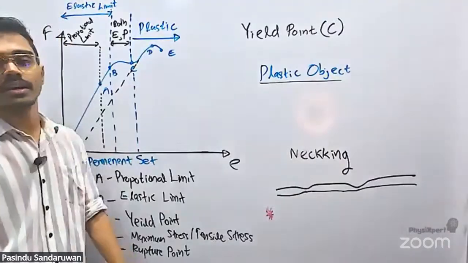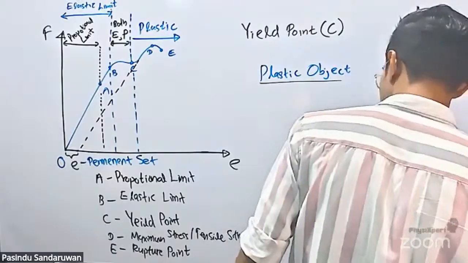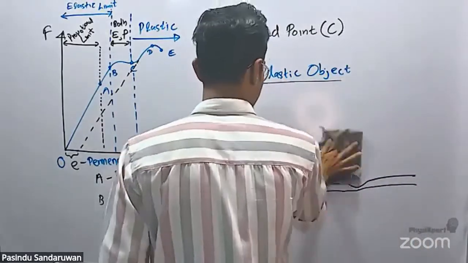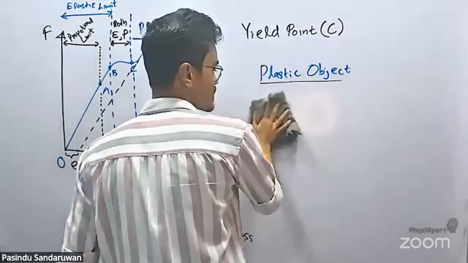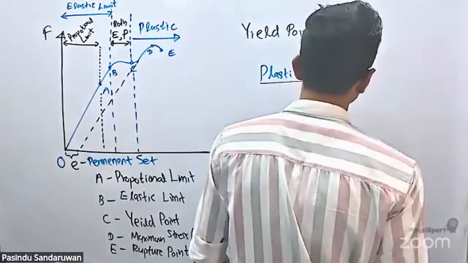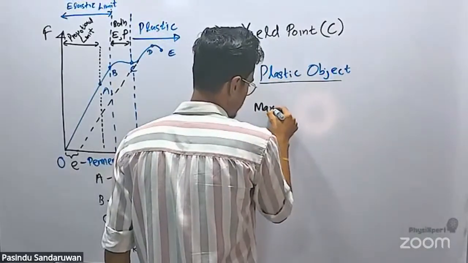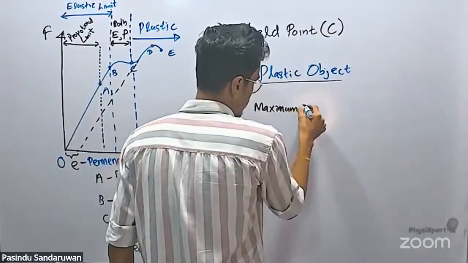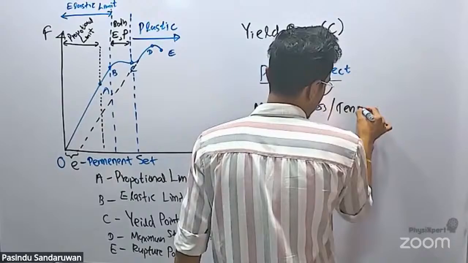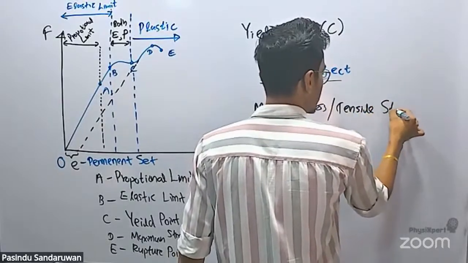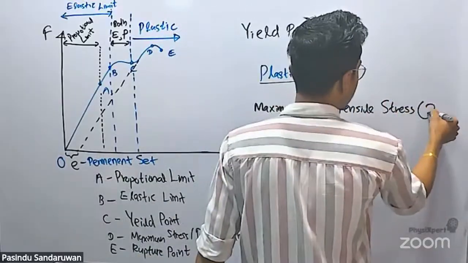Let's move on. As the next heading, write down maximum stress / tensile stress, D within brackets.